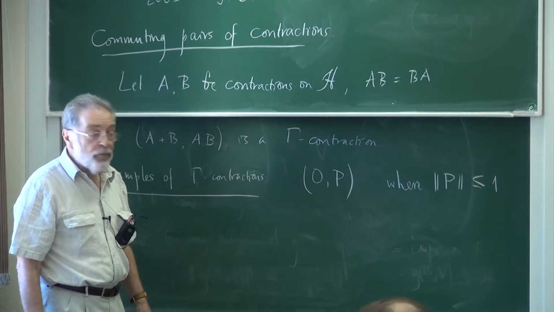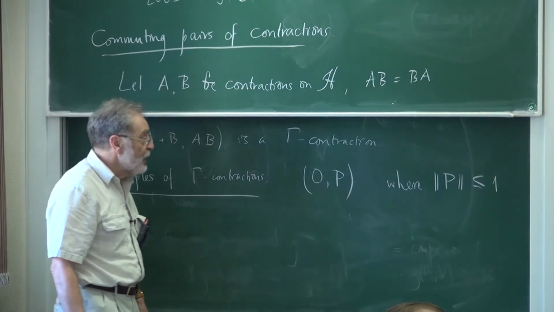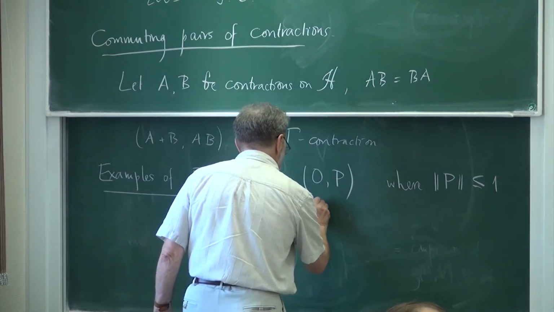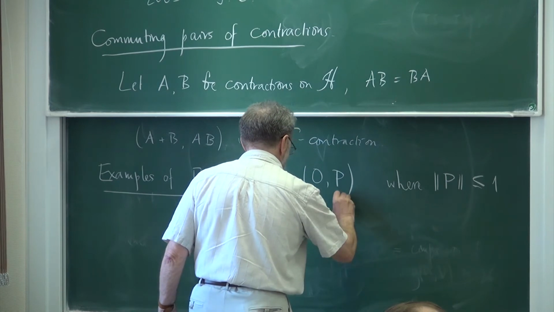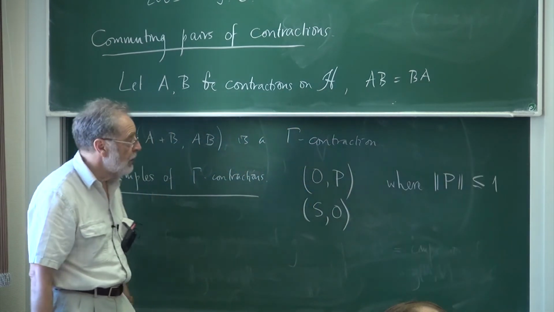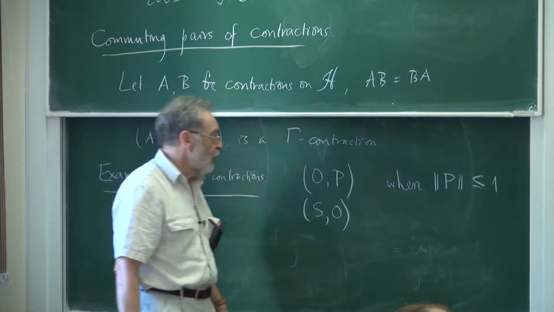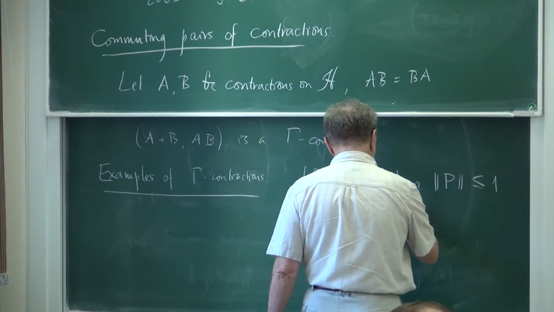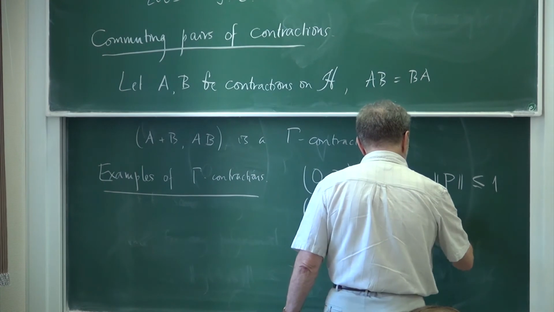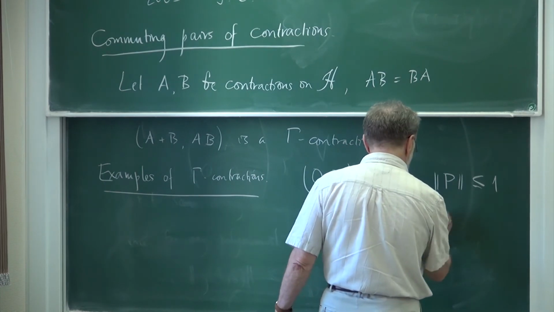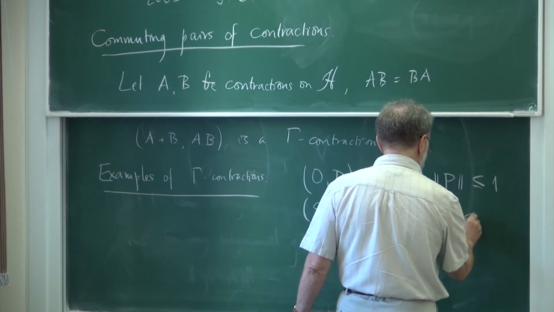Instead of taking S to be 0, you could take P to be 0, so you could look at a pair of the form S comma 0, and it turns out that this is a gamma contraction if and only if the numerical radius of S is less than or equal to 1.